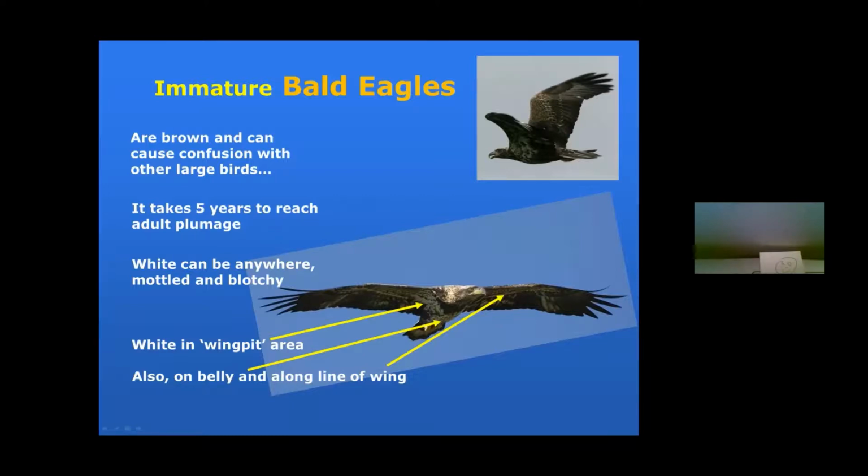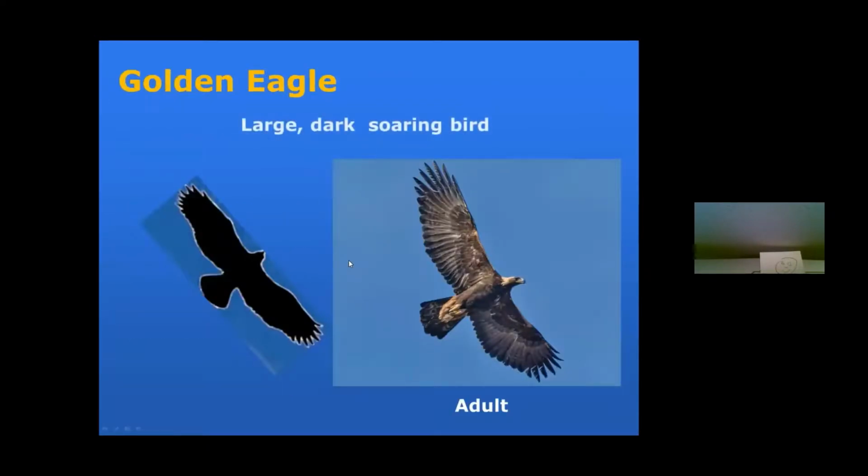And this is very noticeable in binoculars in flight, even if they're soaring. You'll be able to say whether it's in its first calendar year or somewhere between 2 and 5 after that. So this is at least a second calendar year bird because of the different length of secondary feathers.